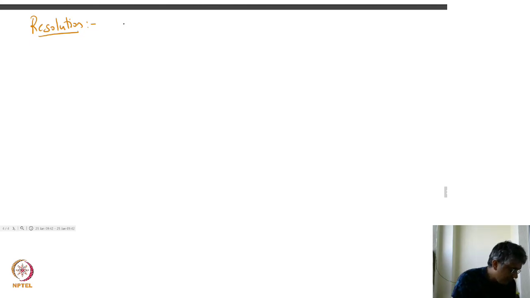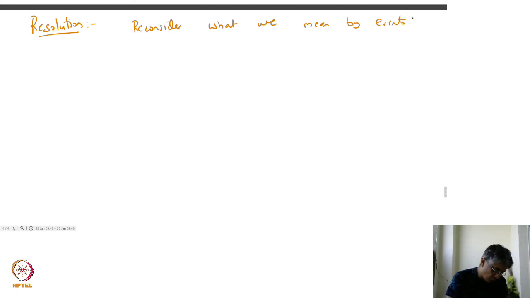So what we need to do is reconsider what we mean by events. The old definition, that an event A implies that A is a subset of S, is not going to work.